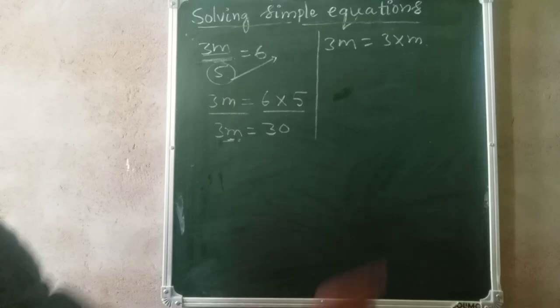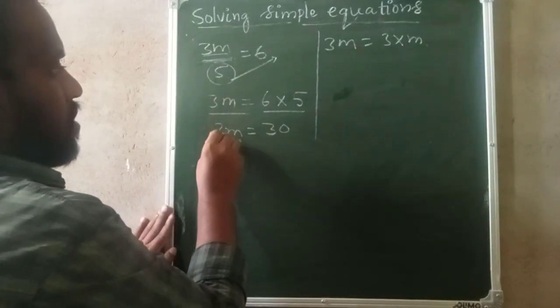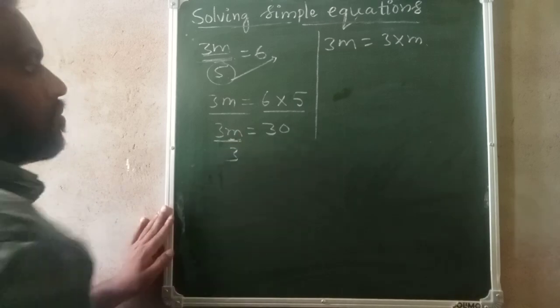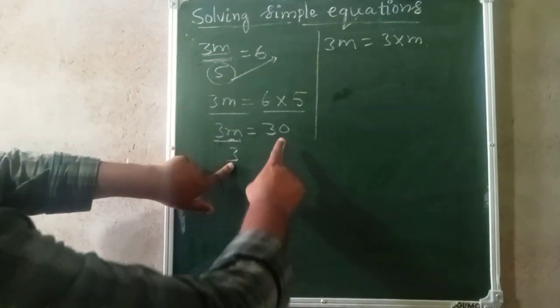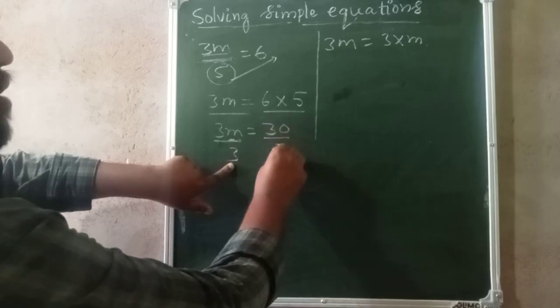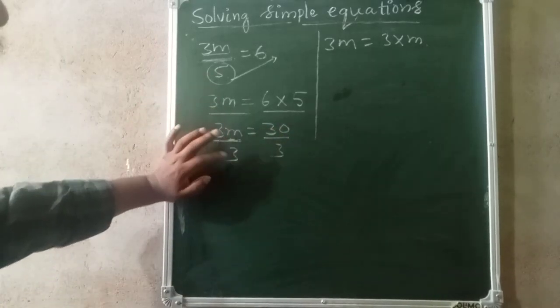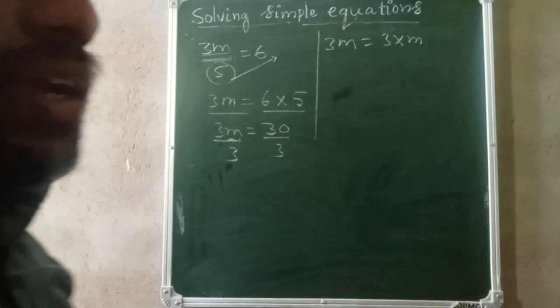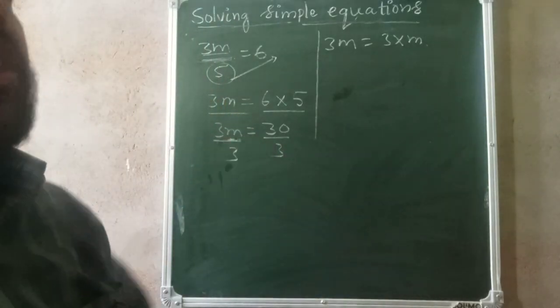What process? Because of this into, you have to divide by the same 3. But when you divide this side by 3, you have to divide this side, I mean 30, by 3 also. If we divide only one side by 3, that will be wrong. Equation will get imbalanced. So you have to divide both sides by 3.